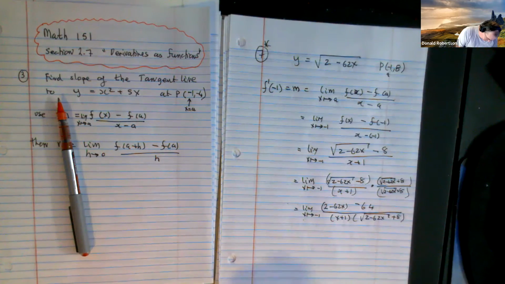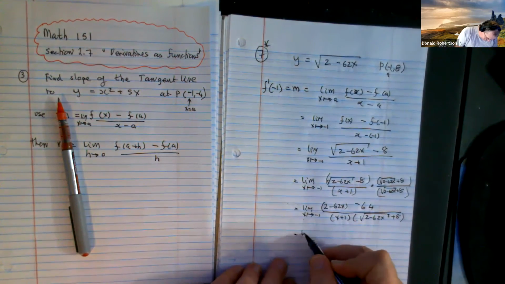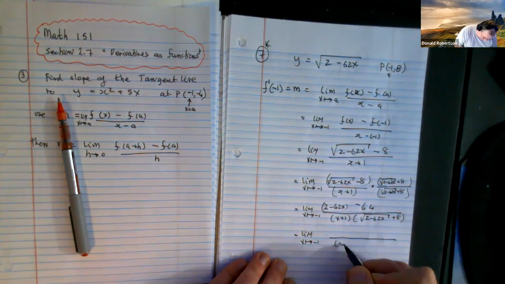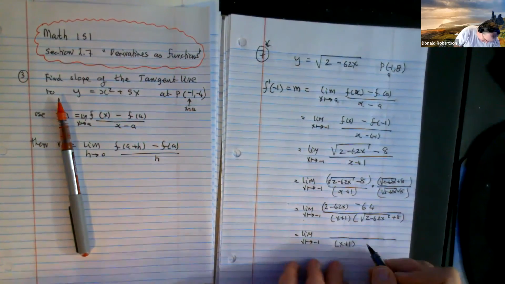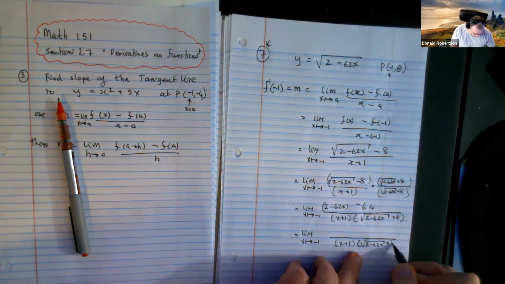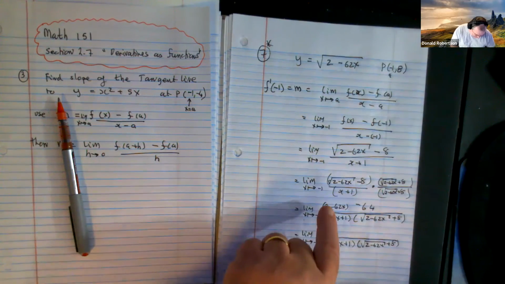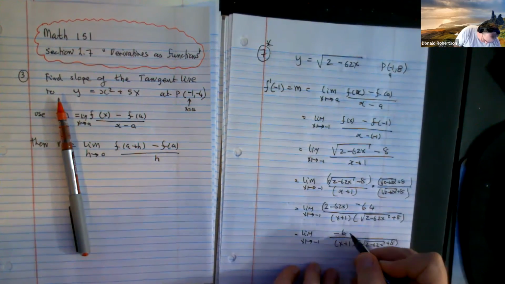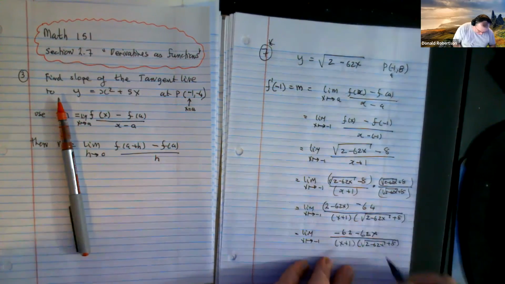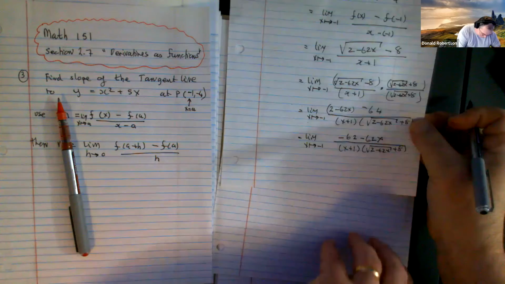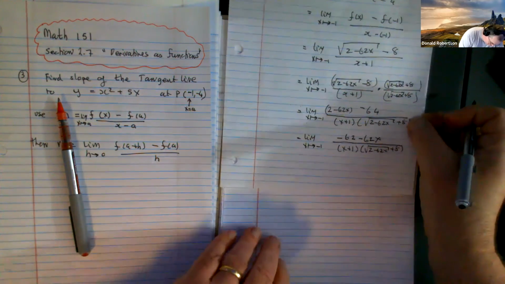So I'm now looking at the limit as x tends to -1 of this ugly guy, and on the top I got that, take away that, and I am looking at -62 minus 62x. Nothing has gone wrong.